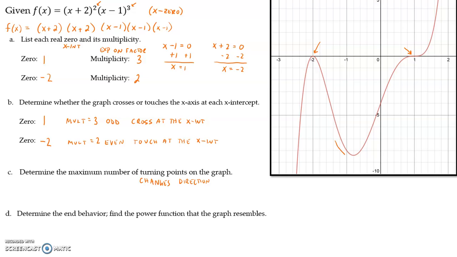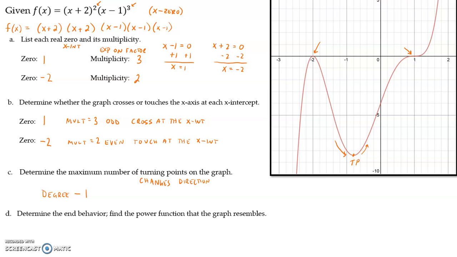So here's the spot where the graph is decreasing, and then all of a sudden it changes direction and it increases. So this point would be known as a turning point on our graph. And the max number of turning points that your graph could have is always going to be your degree, which is your highest exponent, minus 1. We'll come back to this part C here in a second.